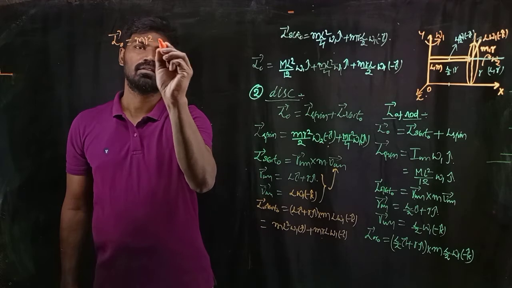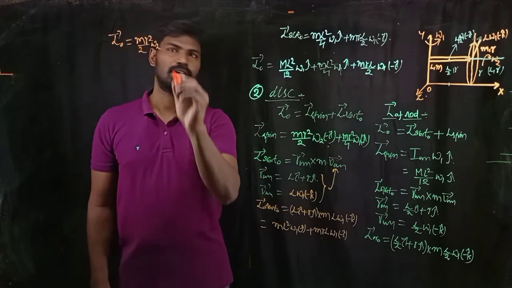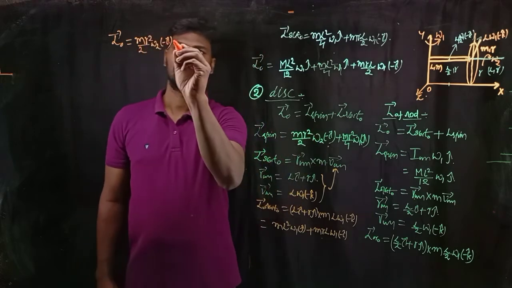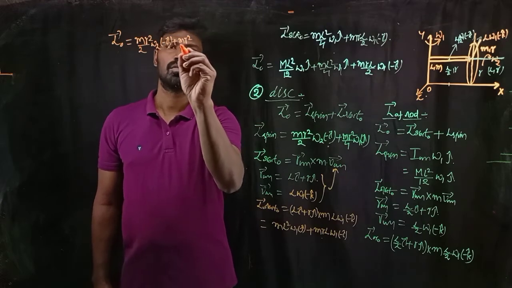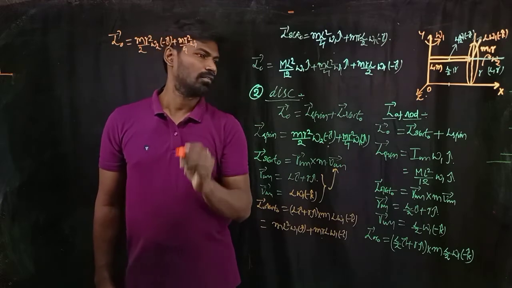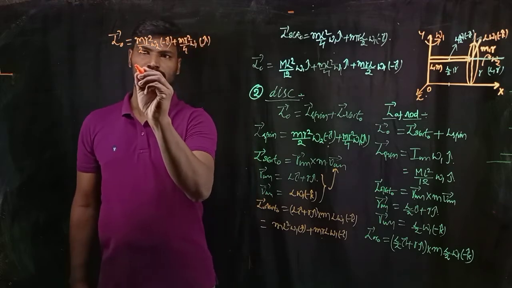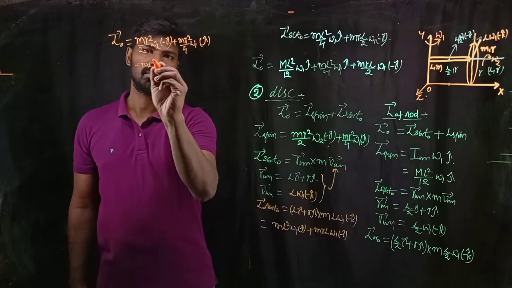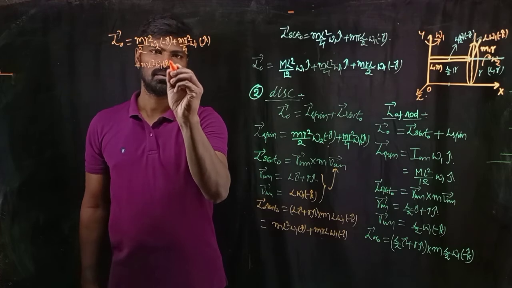M R square divided by 2 into omega 2, which is pointed in minus I cap direction, plus M R square divided by 4 omega 1, which is pointed in j cap direction, plus M L square omega 1, which is pointed in j cap direction.